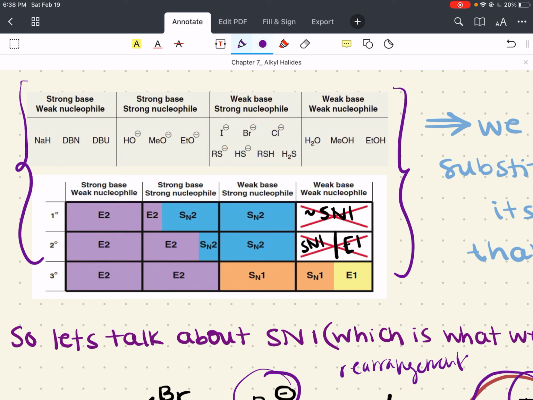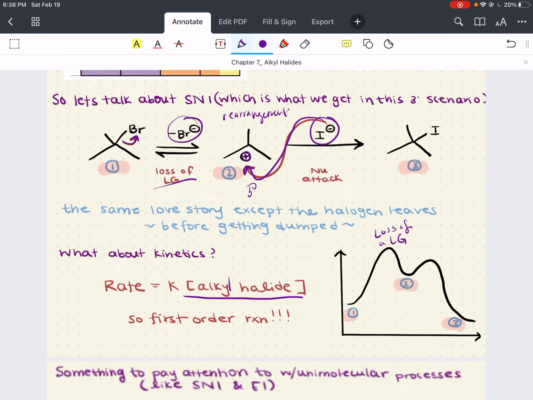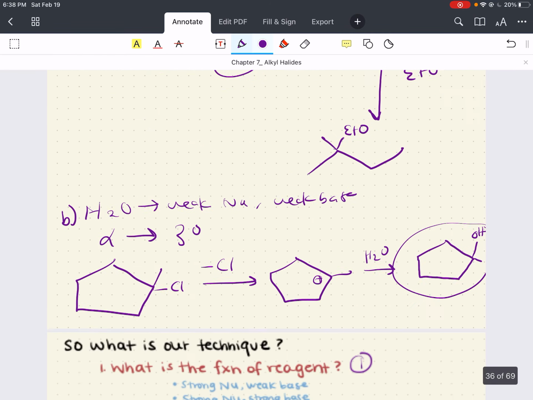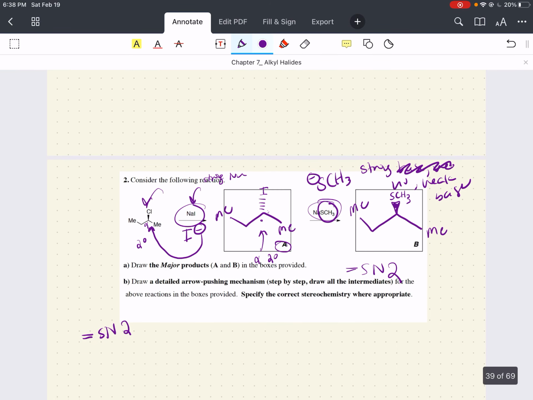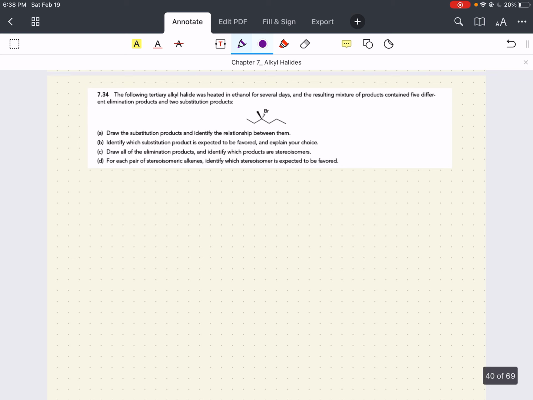So make sure you commit these to memory. Make flashcards, quiz yourself. Look at those flashcards all the time. Carry them. Awesome. The only way we can solve these problems efficiently is if we know how to categorize our nucleophiles.